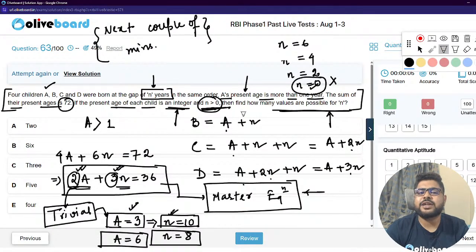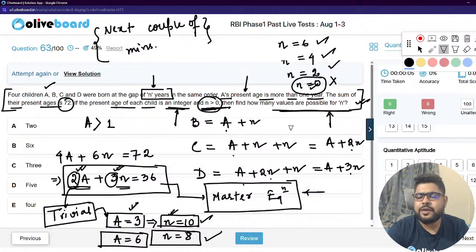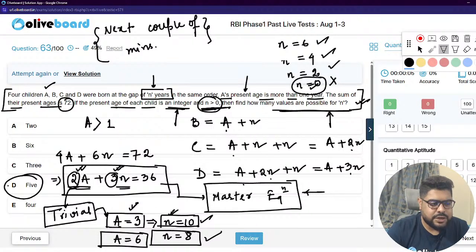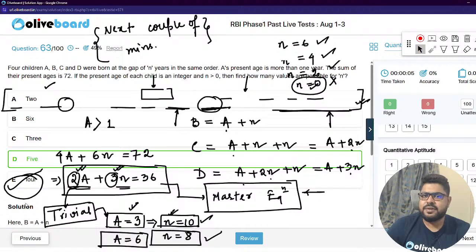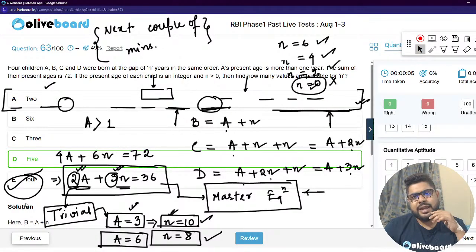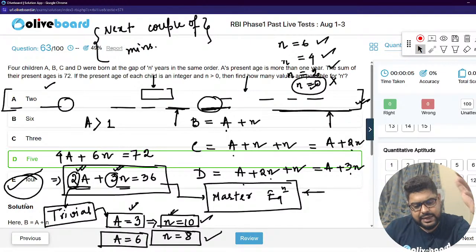So how many values for n possible? Sir, 1, 2, 3, 4, 5. So your answer will be option D, 5. Finished, sir. You see, I don't even need to calculate the values for A. 5 possible values for n I can find. And that is how I can do it.